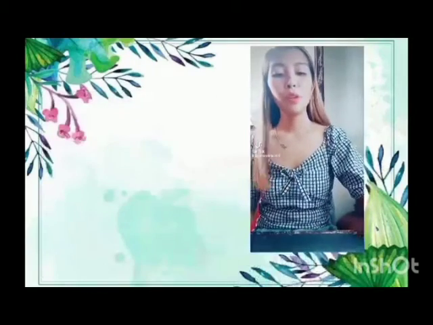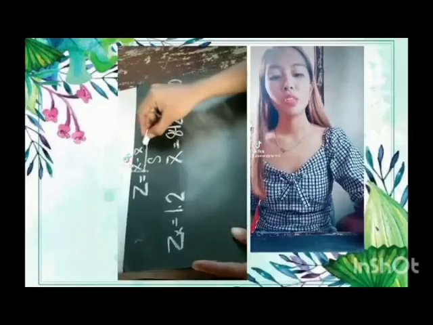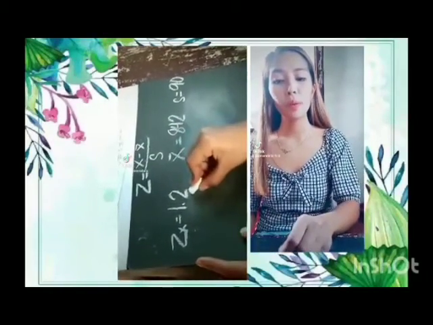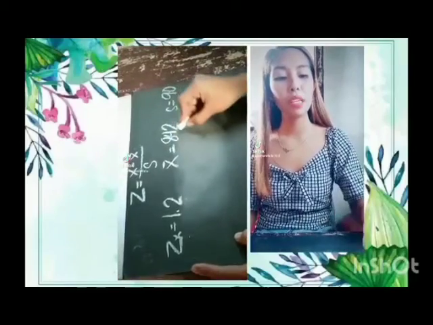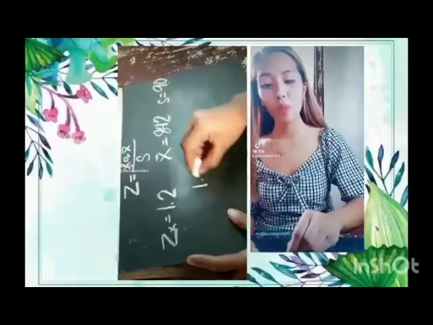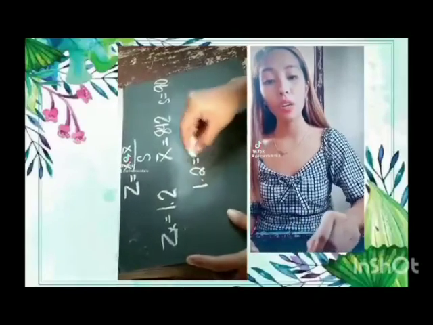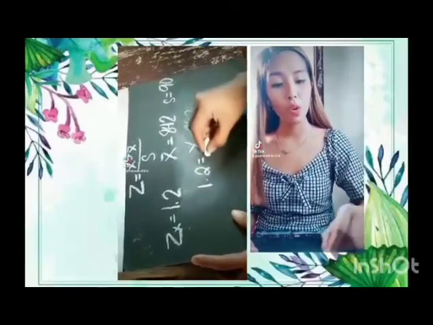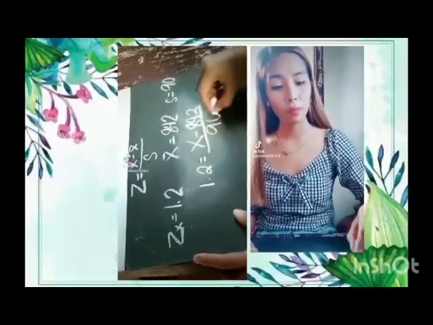So using the formula, x minus mean over standard deviation, the given z-score is 1.2, the mean is 842 and the standard deviation is 90. So we have 1.2 as the z-score, x minus 842 as the mean over 90.